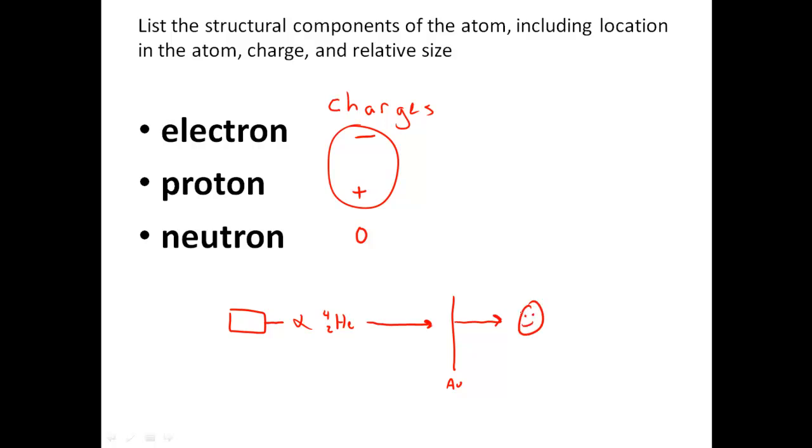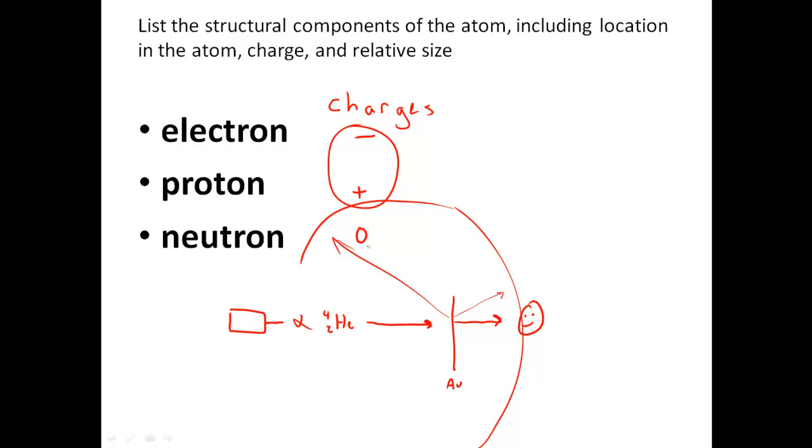which would have confirmed that the atom was kind of homogeneous in its structure because the particles just kind of went through. What was discovered was that some of the particles deflected slightly, and in fact some particles deflected back at very sharp angles.